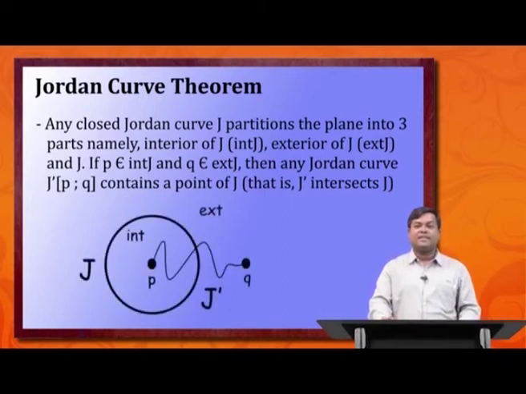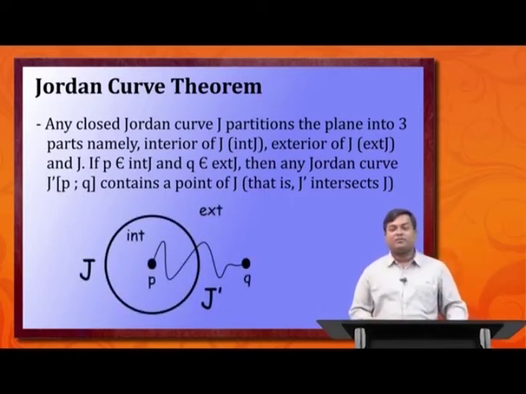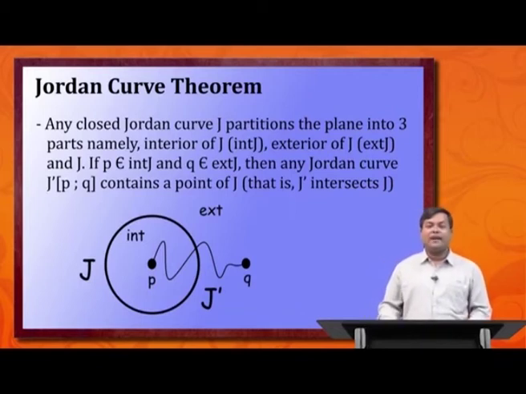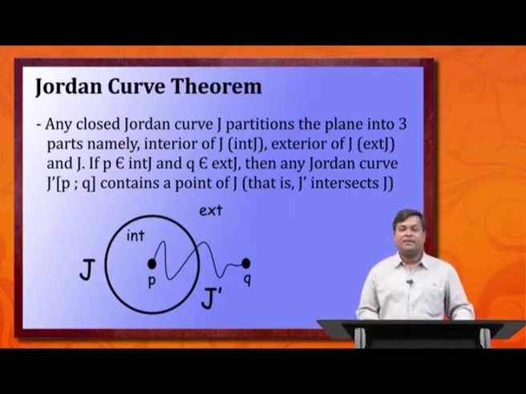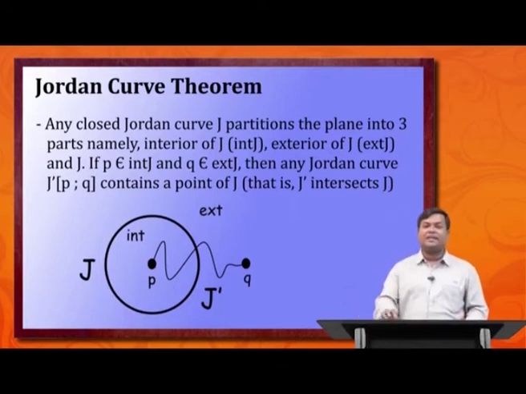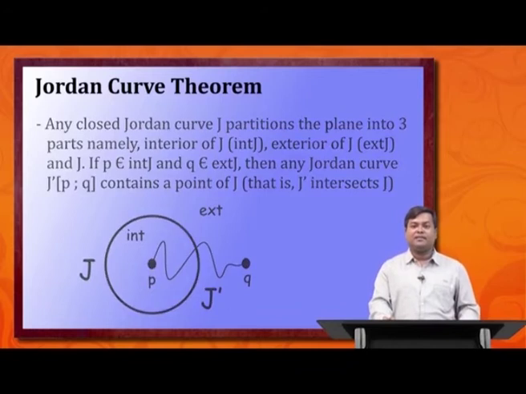If we see the diagram, J is a closed Jordan curve, and it splits the entire region into 3 different parts: interior, exterior and J itself. P is in the interior part and Q is in the exterior part. So PQ is another Jordan curve J'. Definitely J' will intersect J.